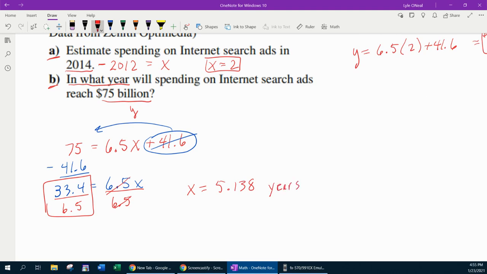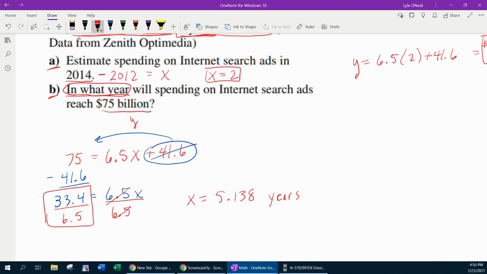Now let's read the problem. Since it says in what year, we'll assume that has to be a whole number, like 2020 or something like that, which means that the number of years we got would need to be rounded to the nearest whole number. We can make that assumption. So 5.138 years would be approximately 5 years.